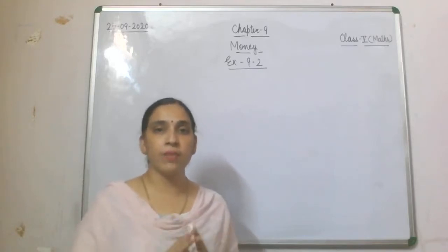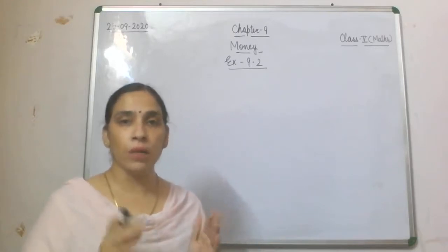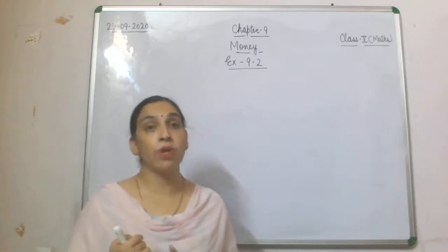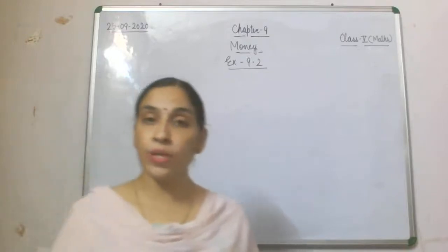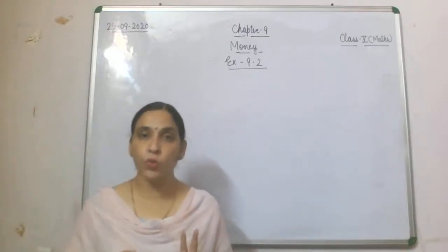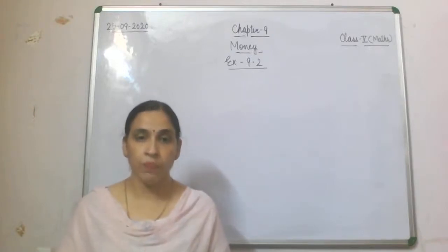Yesterday we understood properly how to arrange the different amounts in a column. Related to that, from exercise 9.2 we have done questions 1 and 2. In question 1 you were given 2 amounts, and in question 2 you were given 3 amounts to add.